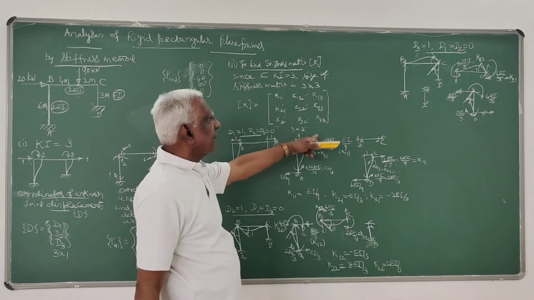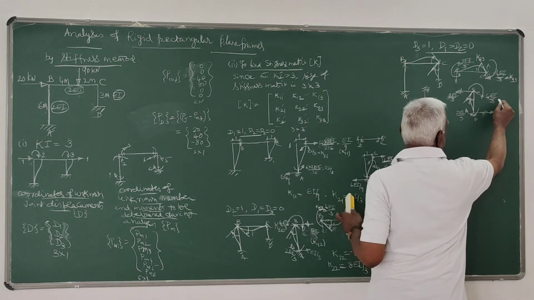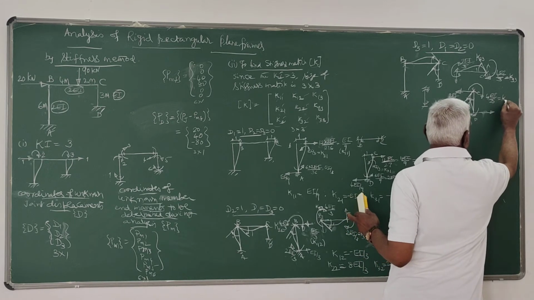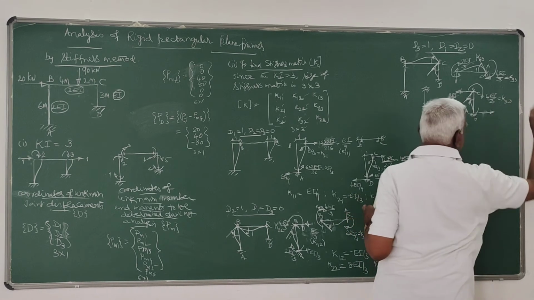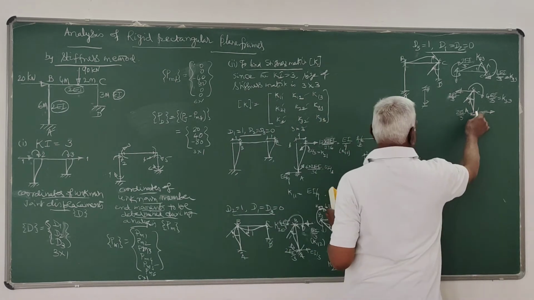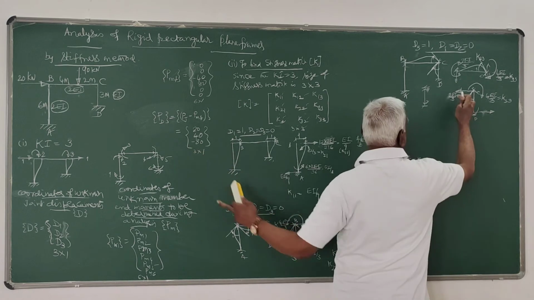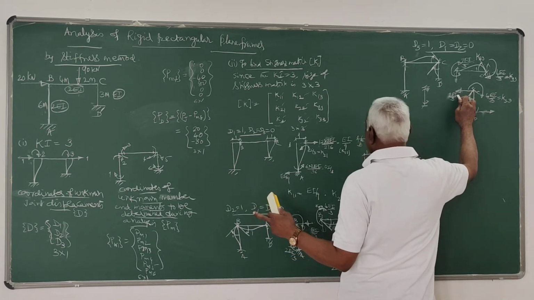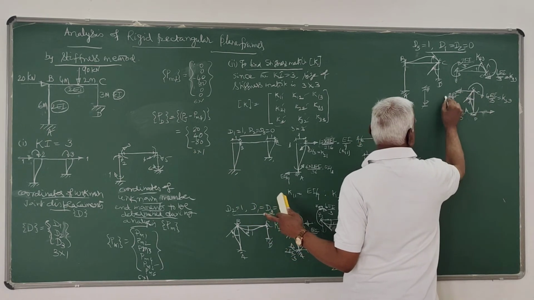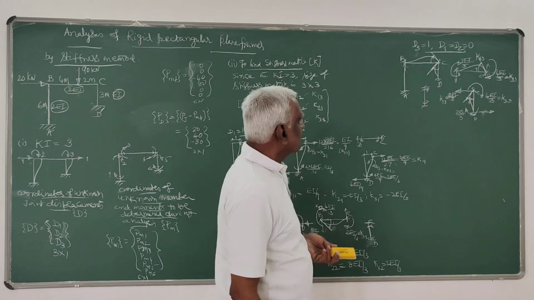Now we can mark all these forces. This force is around 3 when unit displacement is given around 3, so that is K33. And this result corresponds to the force in the direction of 1 when unit displacement is given at 3, so that is K13.